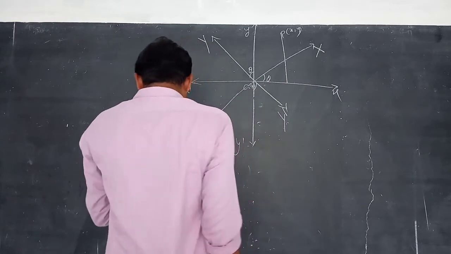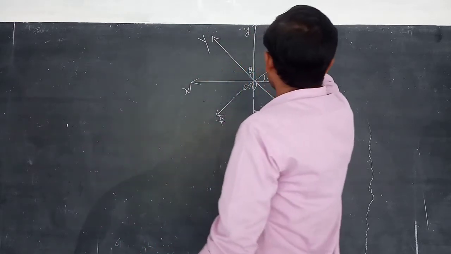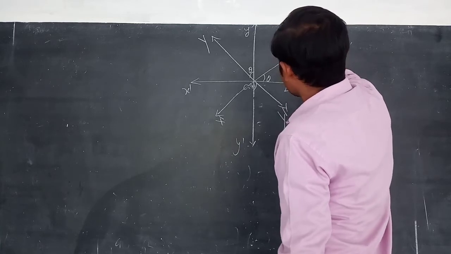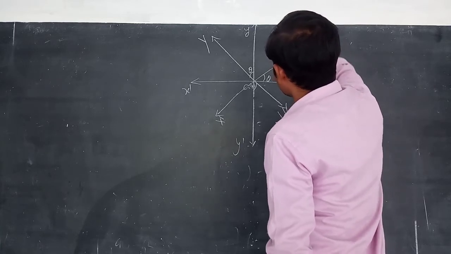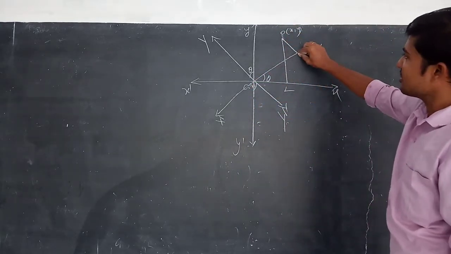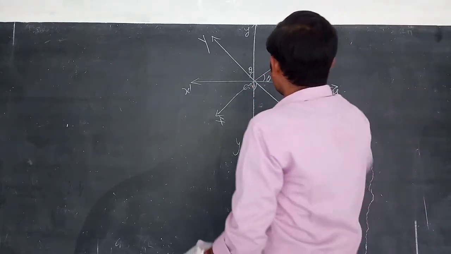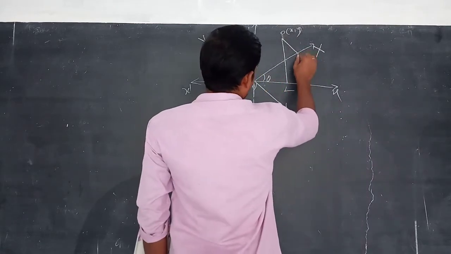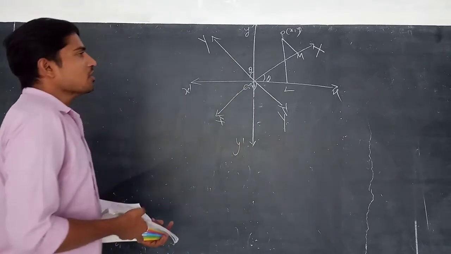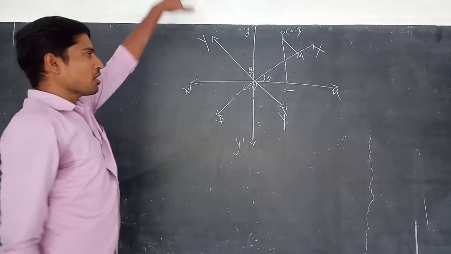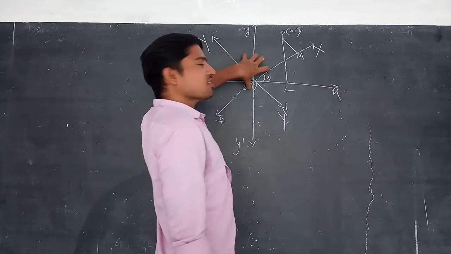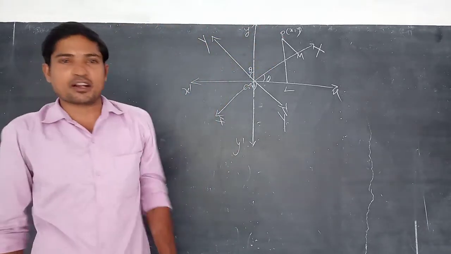Let us suppose that the projection is L, and the same we have to drop a projection from P to X'OX. Suppose this is M, and here the projection means a perpendicular.